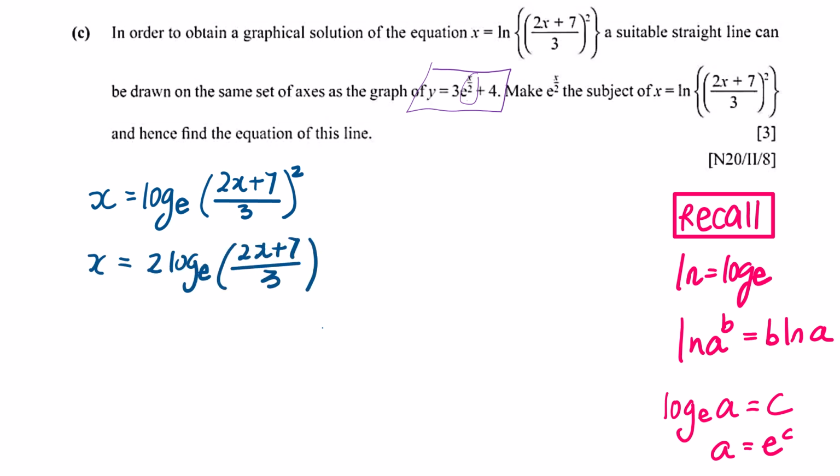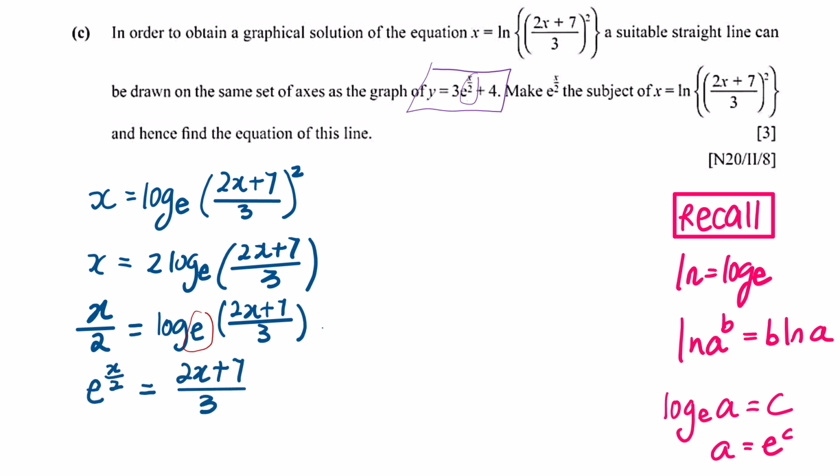Before I convert it to index form, let's bring the power 2 down first and then divide by 2 on both sides. To convert to index form, look out for your base. The base is e. So e to the power of x over 2 equals 2x plus 7 over 3.